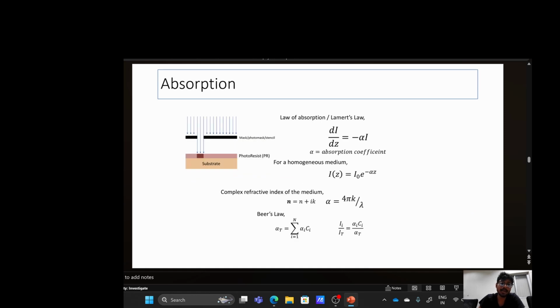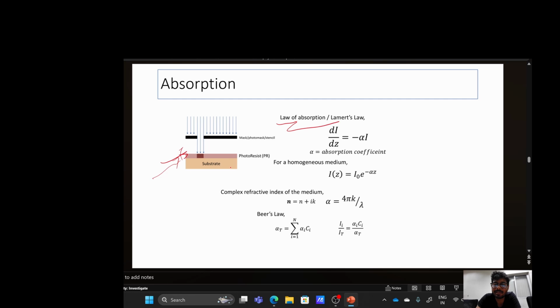The absorption of light is specific to the wavelength. The material absorbs it, and with that specific light a reaction happens.